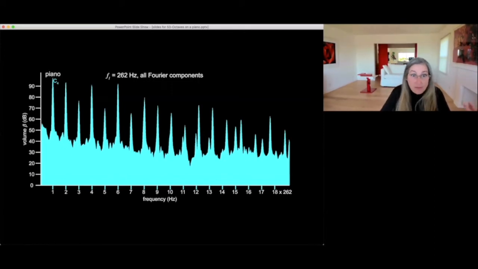So 100 times is a big difference, right? Whereas if we go down 30 decibels, that's 3 orders of magnitude, a factor of 1,000 smaller amplitude. If we go down 40, it's 10,000. If we go down 50 decibel, it's 100,000.